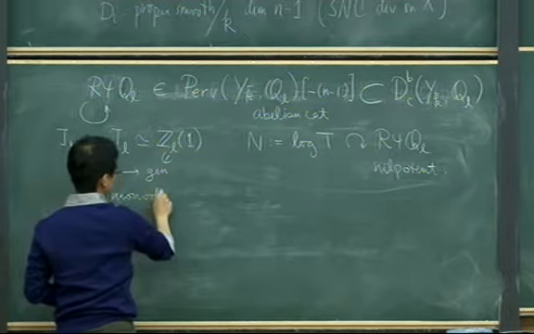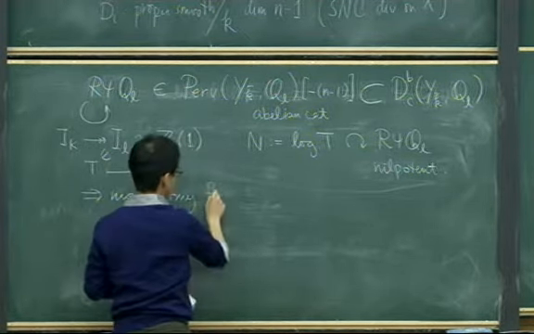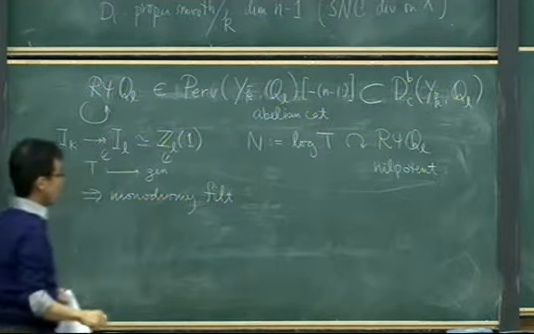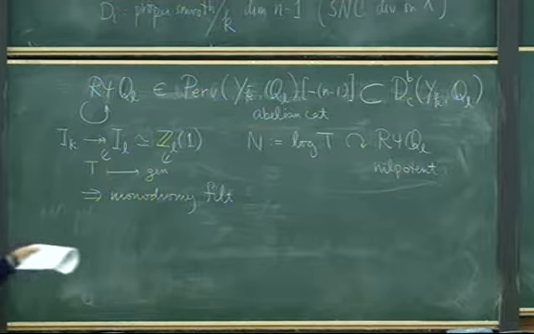So whenever I have a nilpotent operator on some object of any abelian category, then we have a filtration.